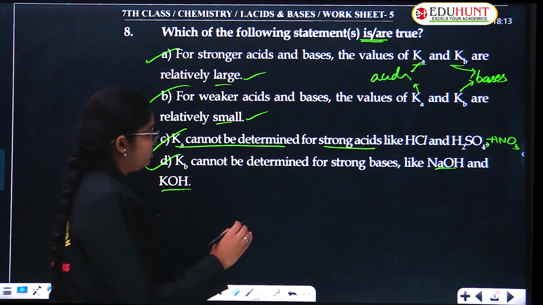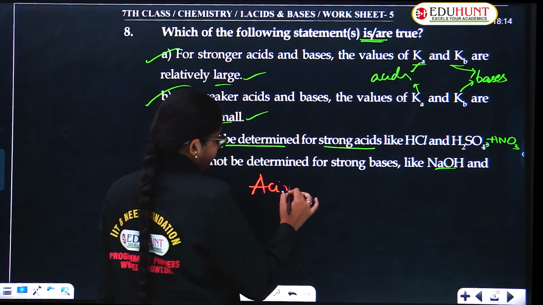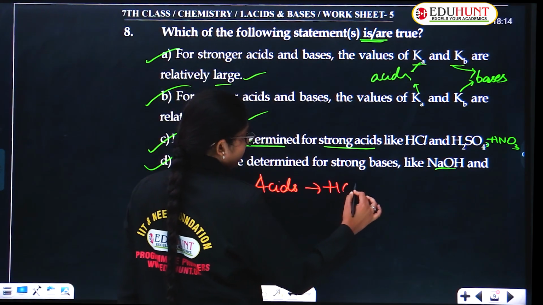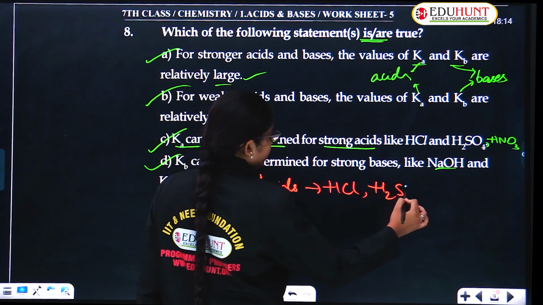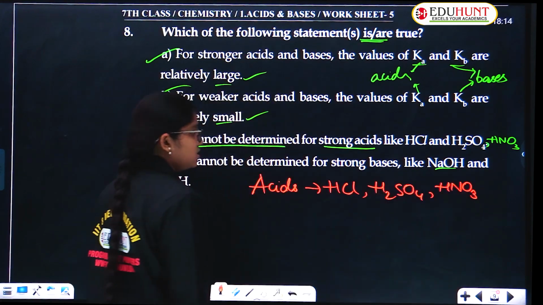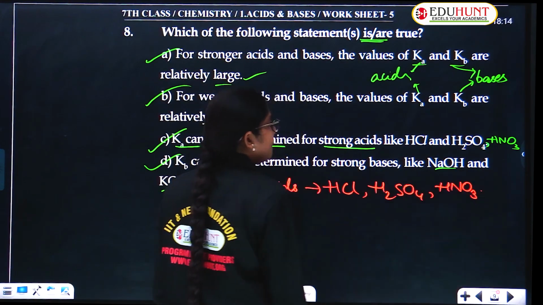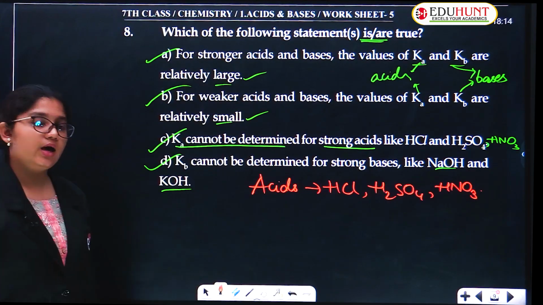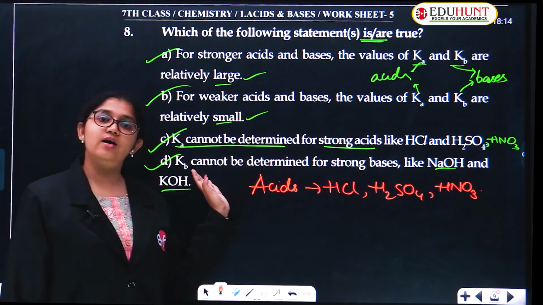So remember, in the acid section, hydrochloric acid HCl, sulfuric acid H2SO4 and nitric acid HNO3, these 3 are not considered as having a Ka value because it is not determined.